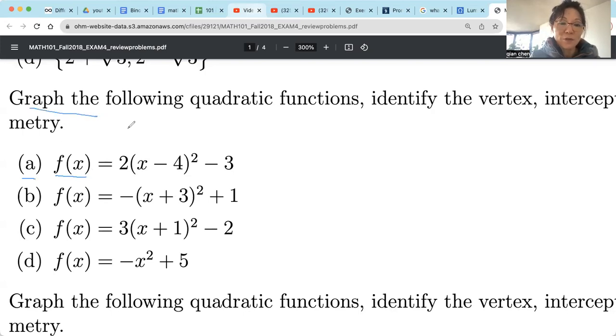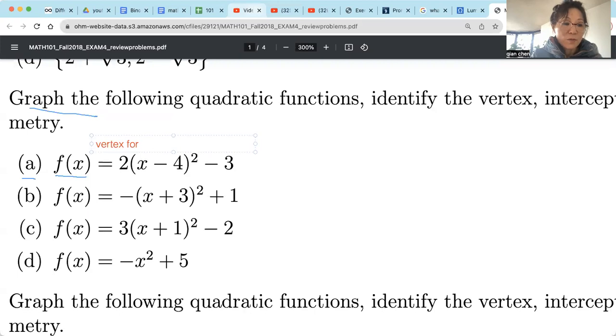Okay, let's see this one. We want to graph the following quadratic functions and identify the vertex, x-intercepts, y-intercepts, and the line of symmetry. So this form is called a vertex form. Remember, we have 3 forms: standard form, factored form, and vertex form.